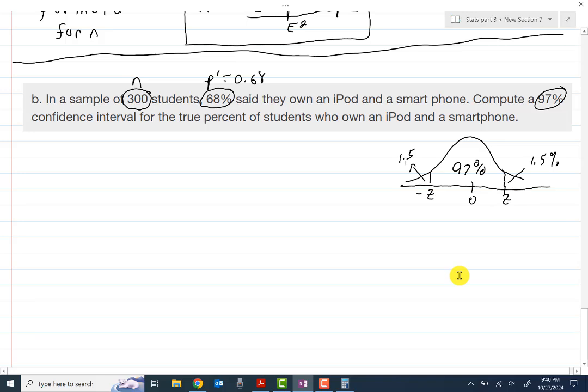You could choose to look up 0.985 in the table, which is what I'm going to do. So I'm going to look up an area of 100% minus the 1.5% in the table, and that equals 98.5% in the table.